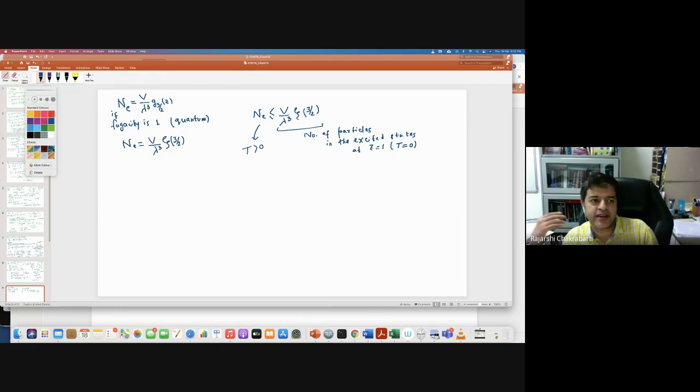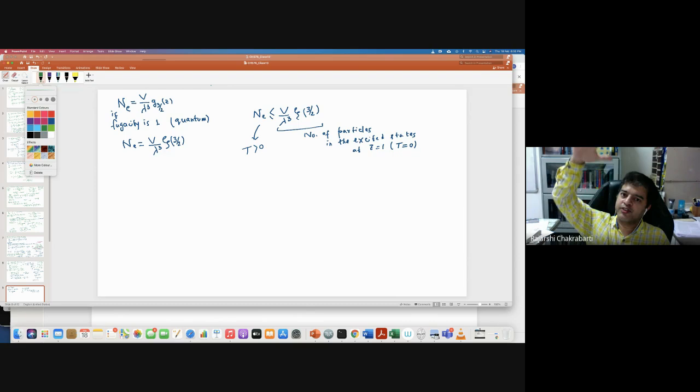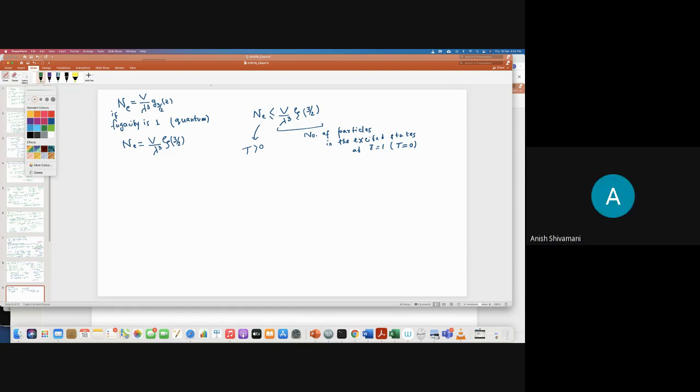So at any finite temperature greater than T equal to 0, what do you expect? More particles in the excited state, isn't it? Think about it. As you lower the temperature, the particles come down from the excited state to the ground state. So Ne is decreasing as we reduce the temperature.